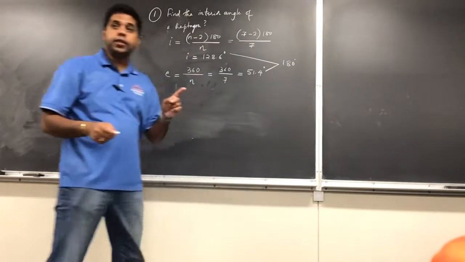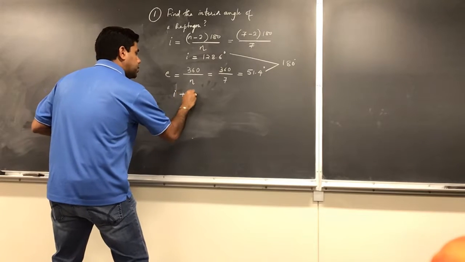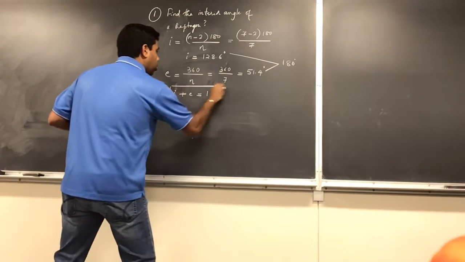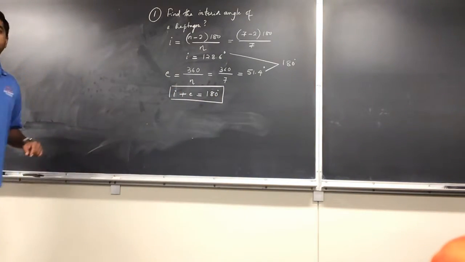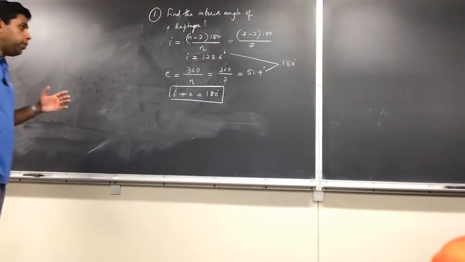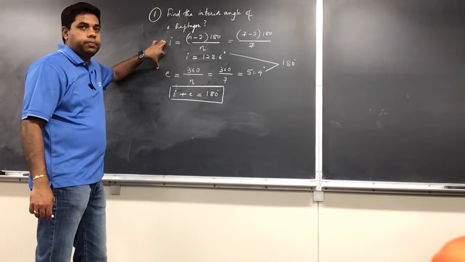So for a convex regular polygon, the sum of the interior plus the exterior angle adds up to 180 degrees. The reason people have trouble is they don't know the formulas. Sounds good?